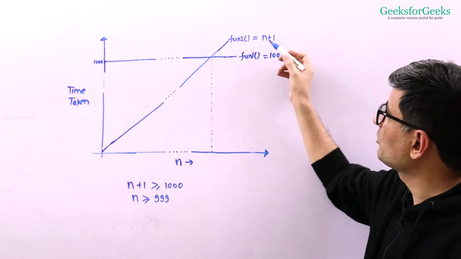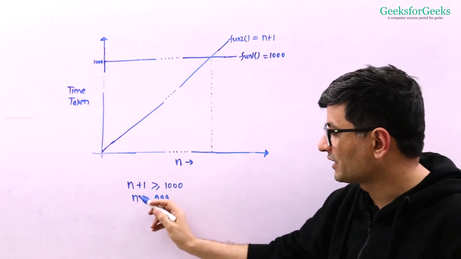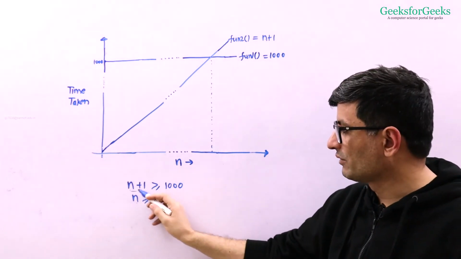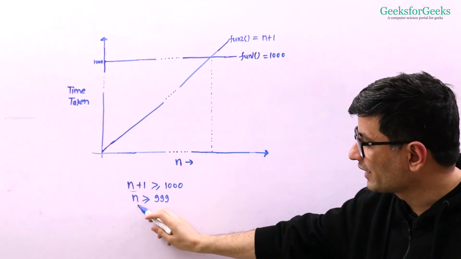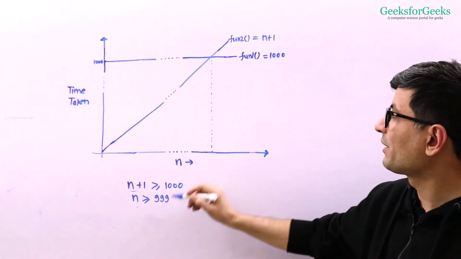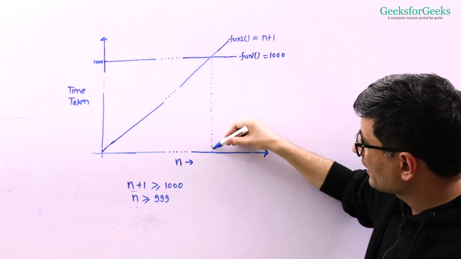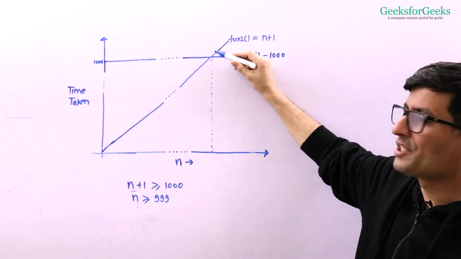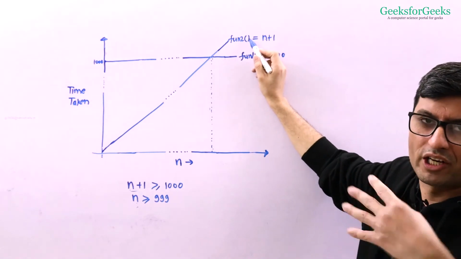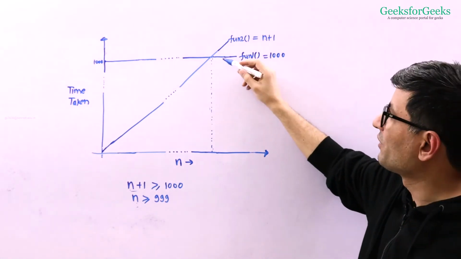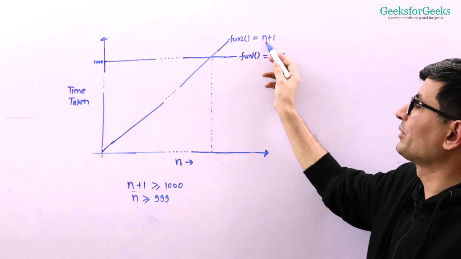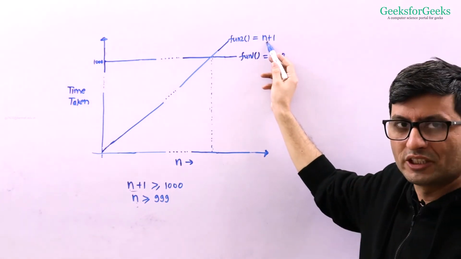If I compare these two functions, n plus 1 and 1000, and ask for the values of n for which I have a higher value of this expression, I get n as 999. After 999, fun1 is always going to take more time than fun2. You can put in the values: 1000, 1001, 1002, 1003, and so on.